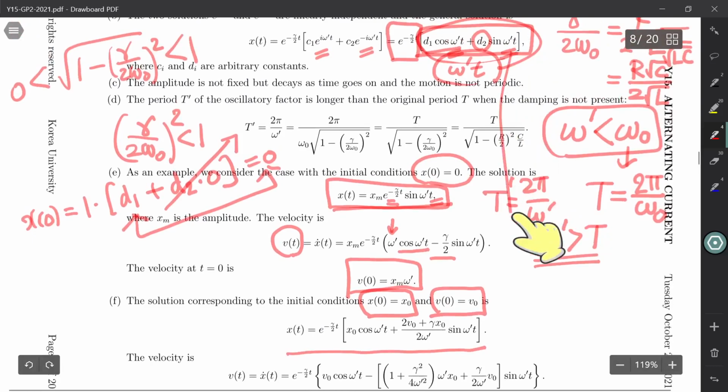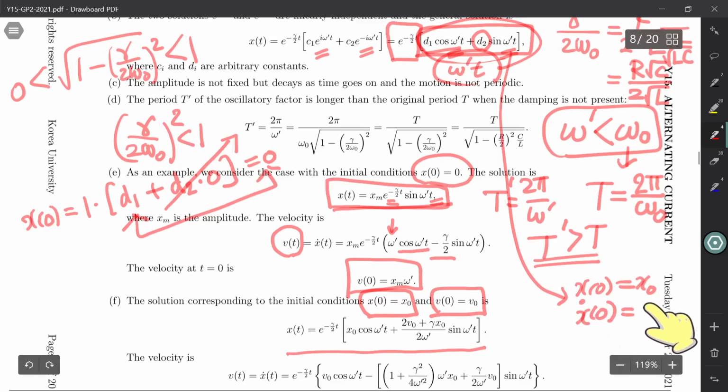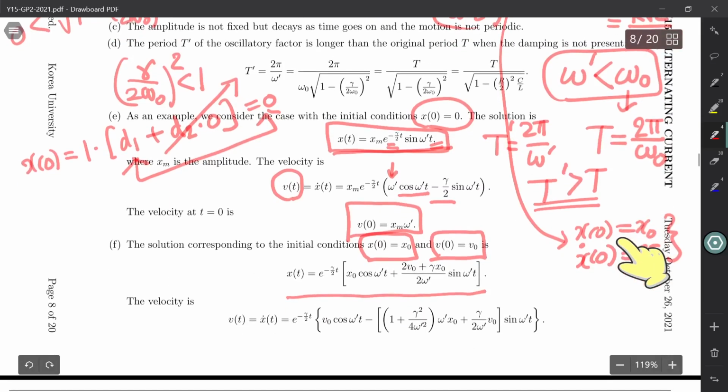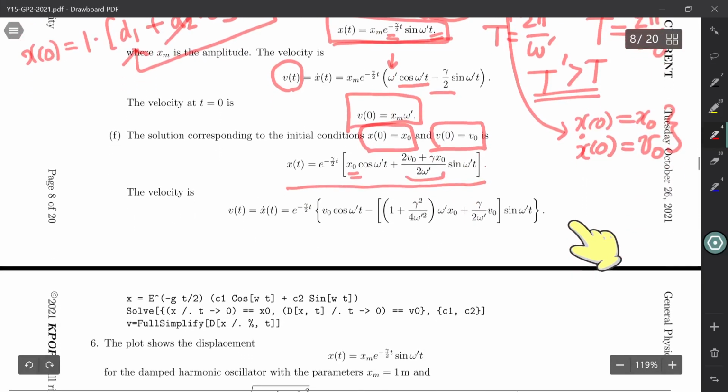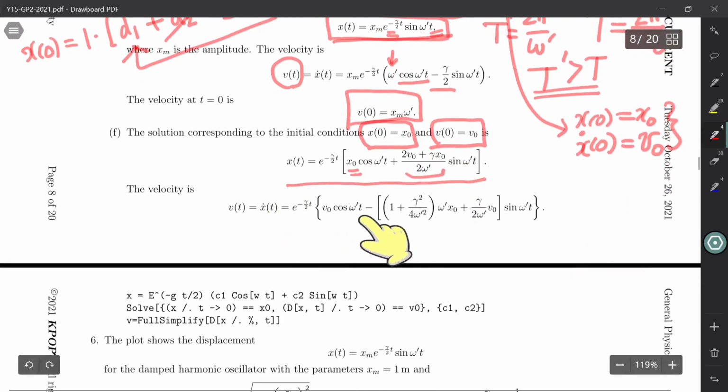You can make use of this to find out x0 equals x0, and take the derivative and substitute t equals 0 to fix this. Then you have two conditions. You have two linear equations for d1 and d2, and d1 and d2 are completely determined as this. Using this, a little bit complicated, but we can in principle find out the velocity.